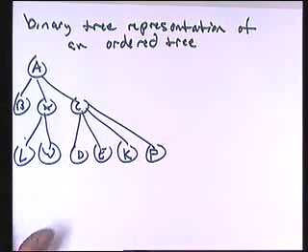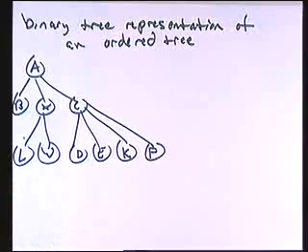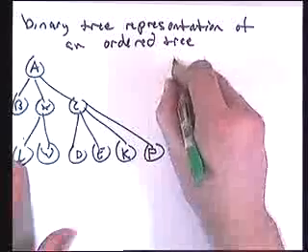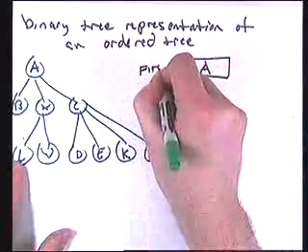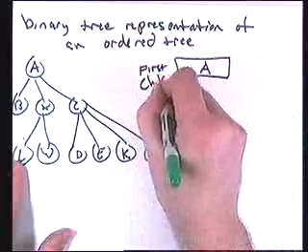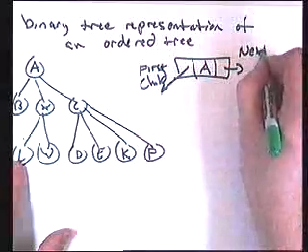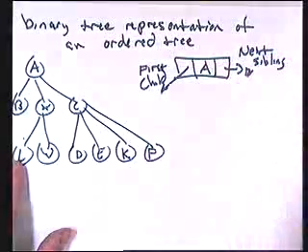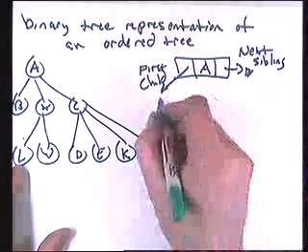The idea behind the binary tree representation, we say, well, I need to have nodes with just 2 pointers. Instead of a node containing a whole linked list, I can simply have a node containing 2 pointers. One of them will be the first child pointer, and the other one would be the next sibling pointer. So for the root, the next sibling would be null because there is no sibling of the root.